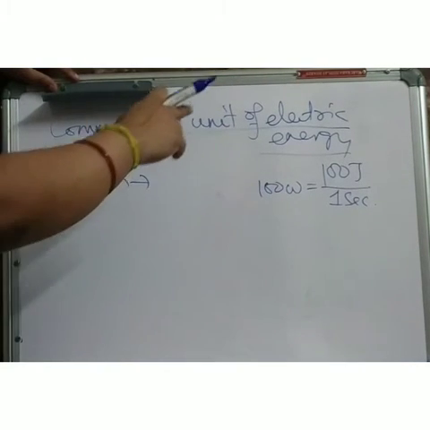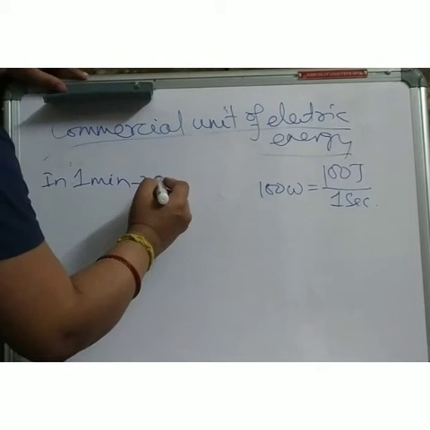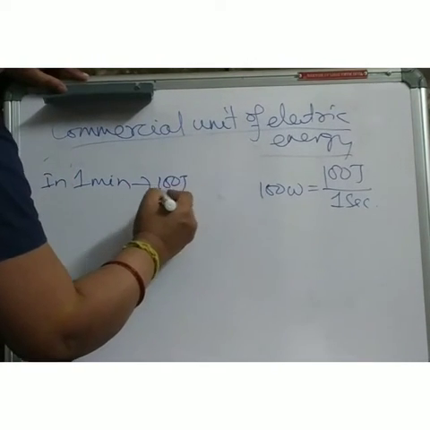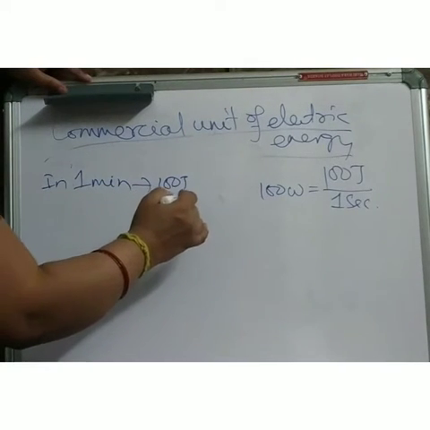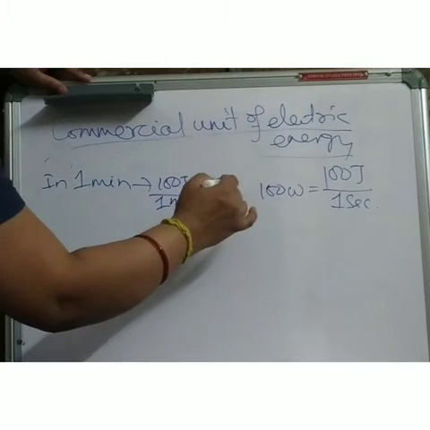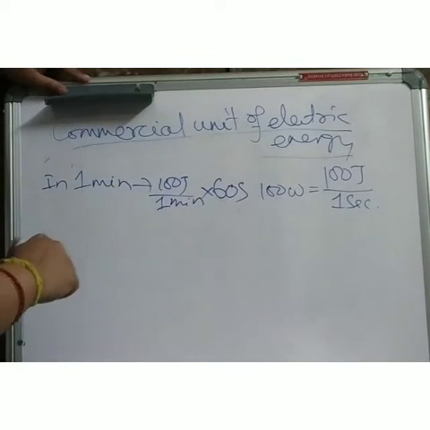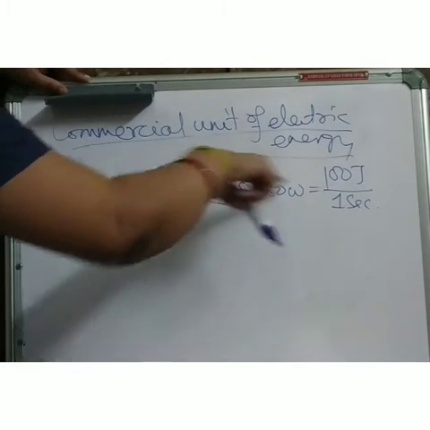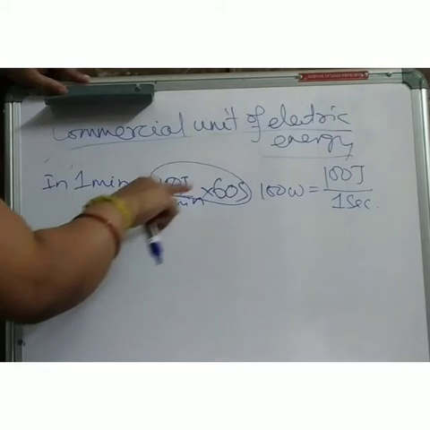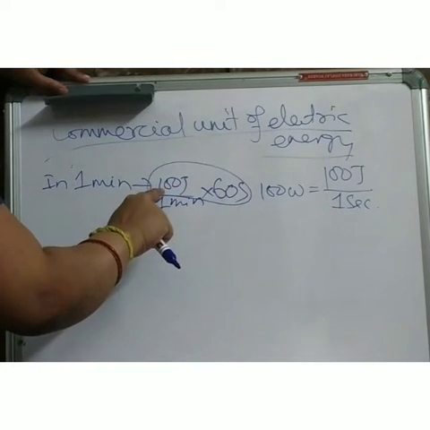So in 1 second it is consuming 100 joules, so in 1 minute it will be 100 into 60. This is your per minute.